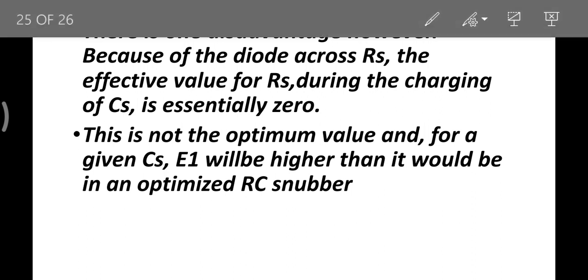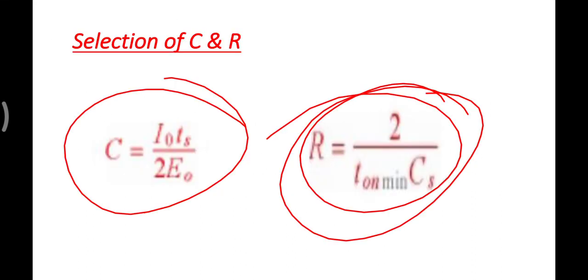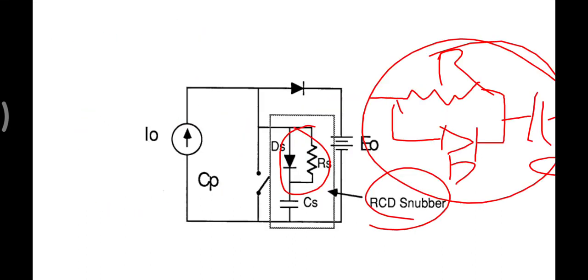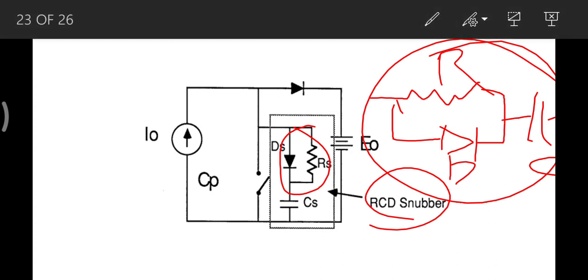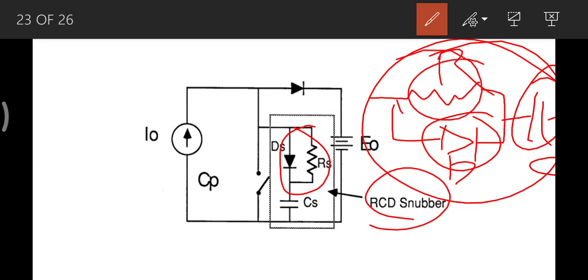See here, if this capacitor wants to be charged, either this diode should be forward biased or this resistor must be small. Suppose this diode is reverse biased, there is no conduction of current through the diode. In that situation the resistor must be 0.